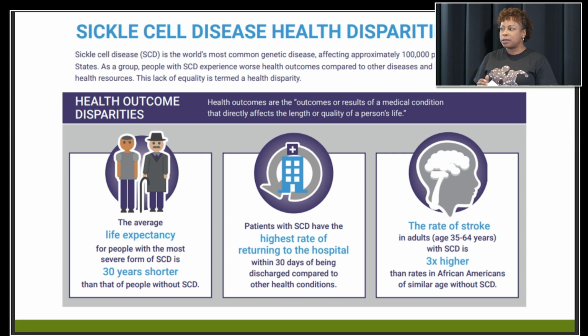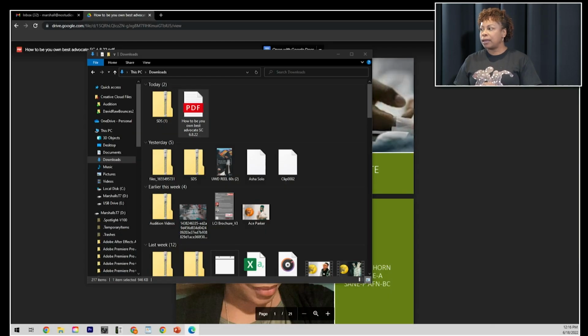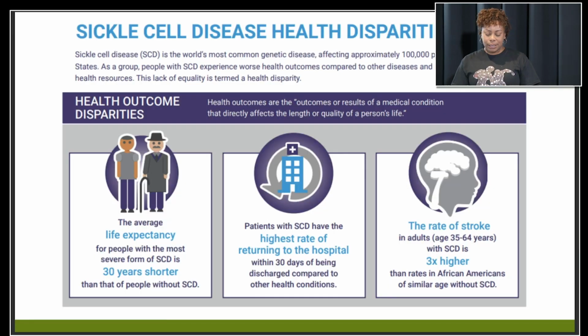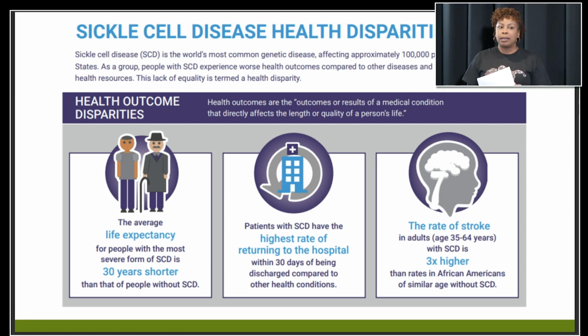So health disparities, when we talk about the outcomes, we're aware that African Americans experience poorer life expectancies than other populations. Also with that, patients with sickle cell disease have the highest rate of hospital returns. So knowing that that is a chronic condition, we still have a lot of misinformation out there as to how people with sickle cell disease are treated.